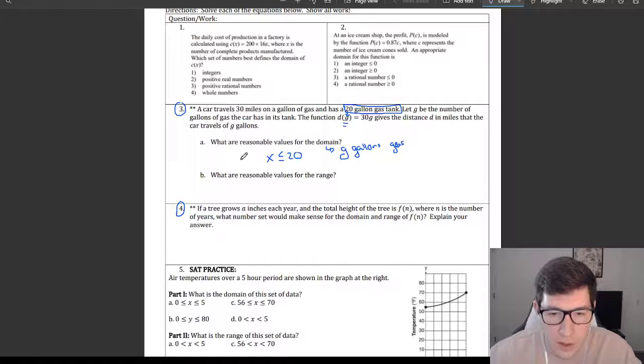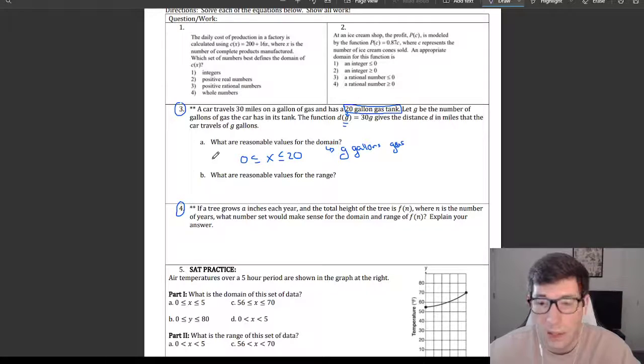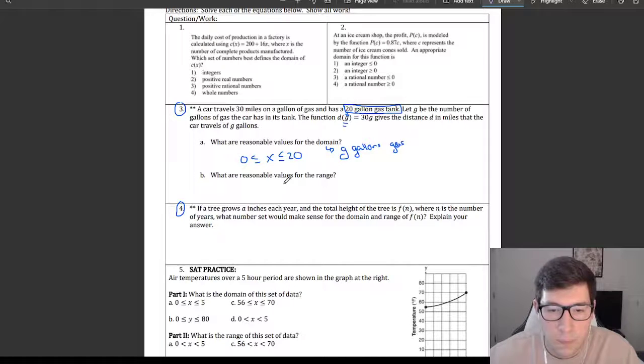And so because of that, we know this has to start at 0, right? Hopefully you're not hitting 0, because then you're on E. But this can't go any farther than 0. We can't put -1 gallons of gas into our car. It just doesn't make sense. And so now looking at the range, the range I know is going to be d miles.